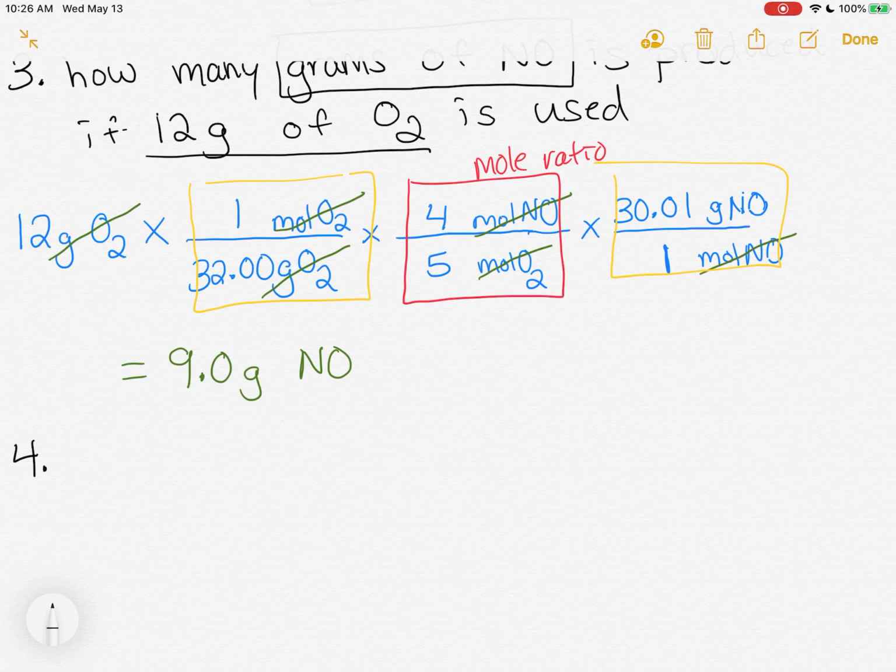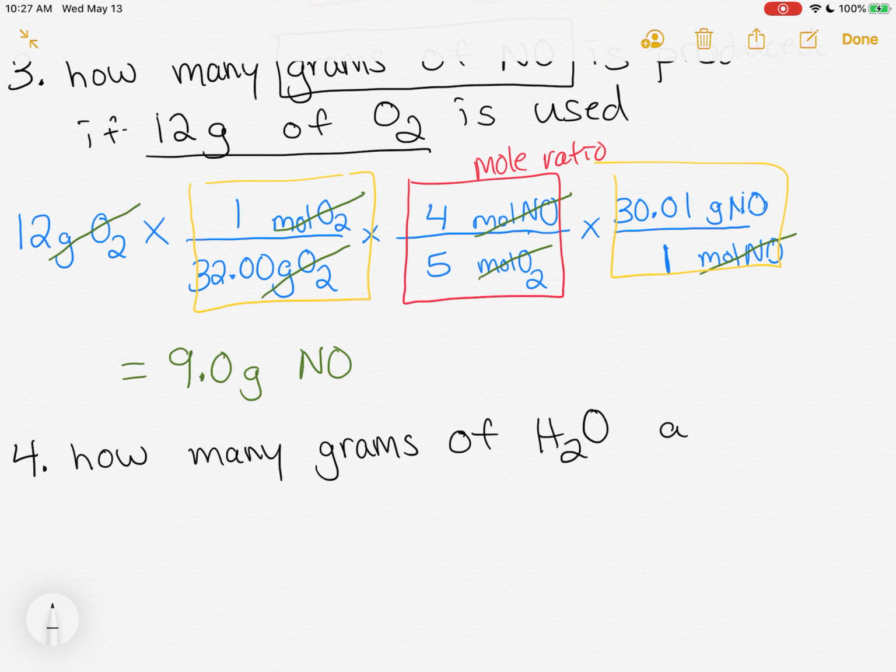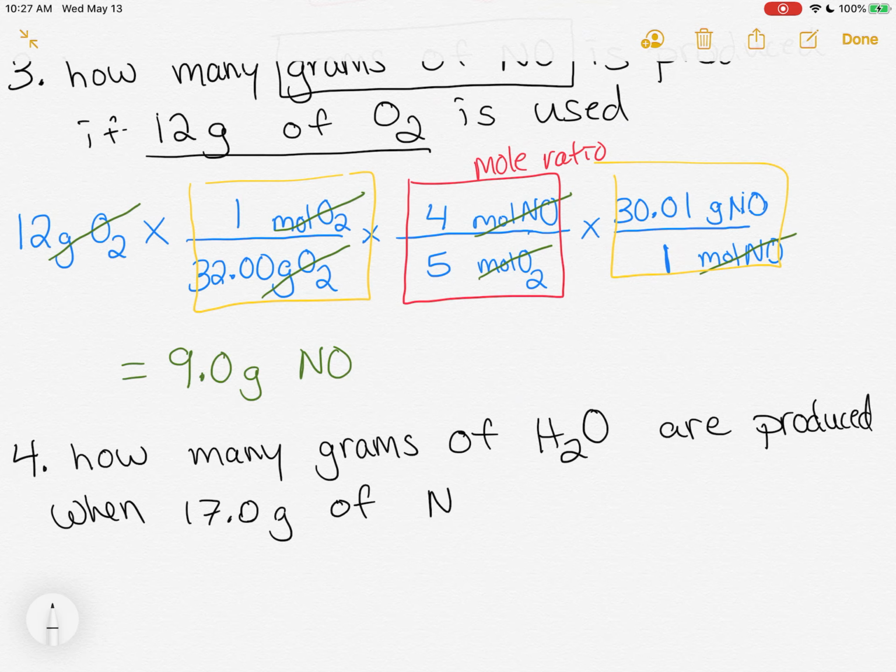All right, in this one, I'm going to look at how many grams of water are produced when 17.0 grams of ammonia are used?